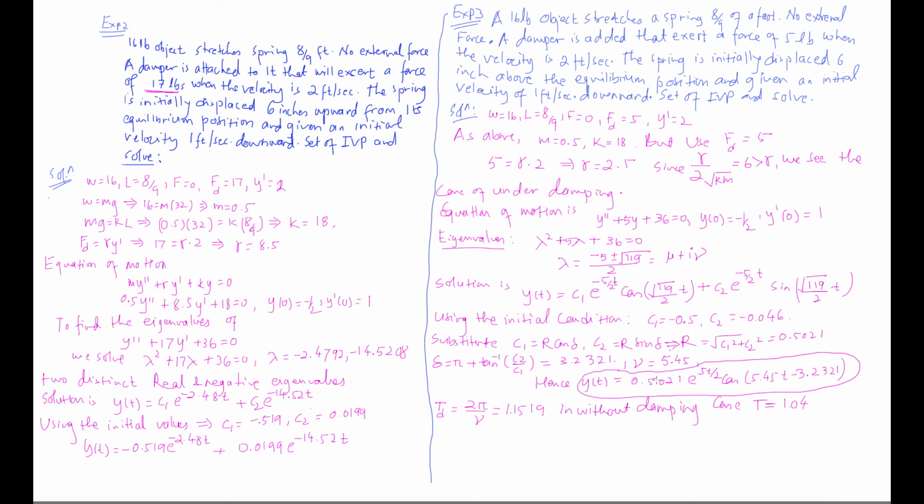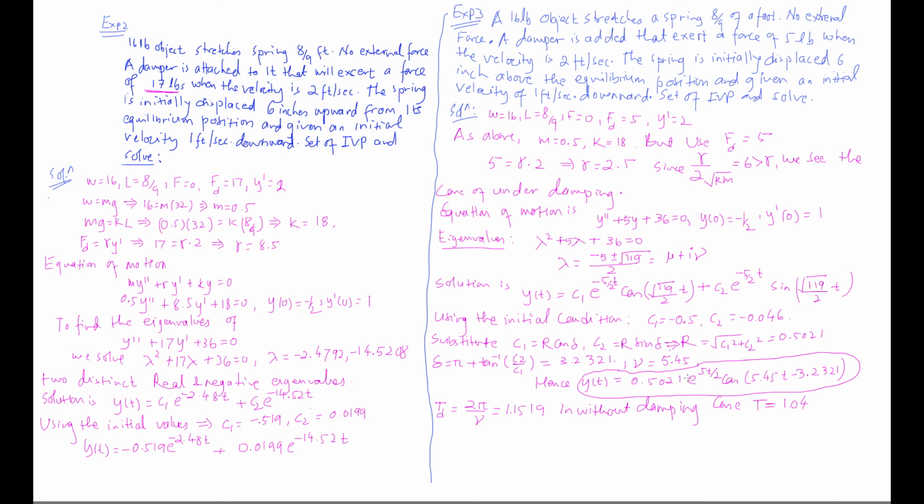If you want to find the time at which the object first passes through its equilibrium position, we can set nu t minus delta equals pi over 2. That will give you the equilibrium position. Then you get t equals 0.88. Also, for stability, in the critically damped and overdamped cases, the origin (0, 0) is a nodal sink.